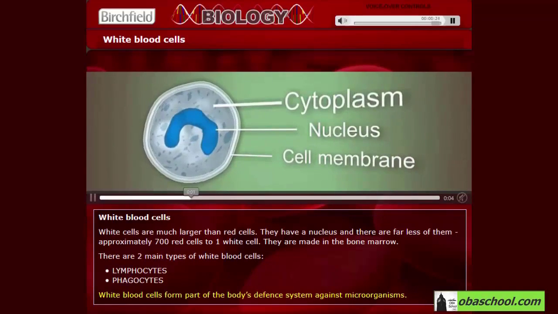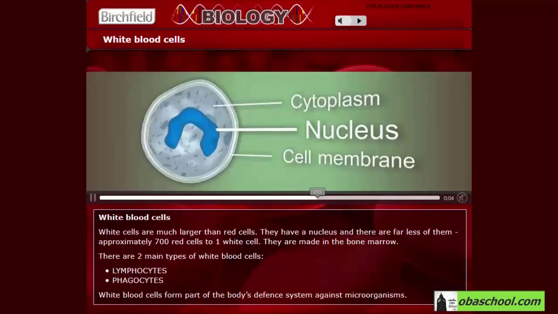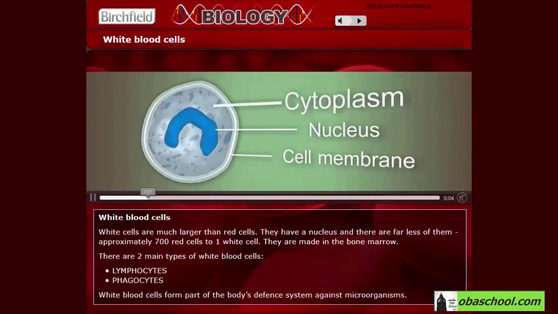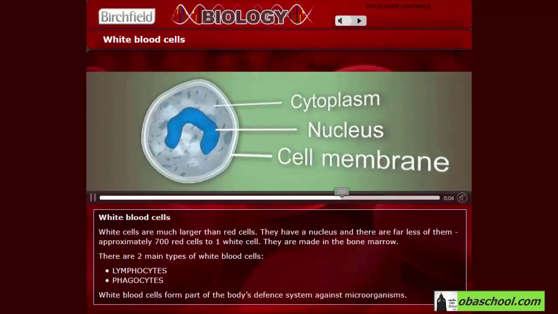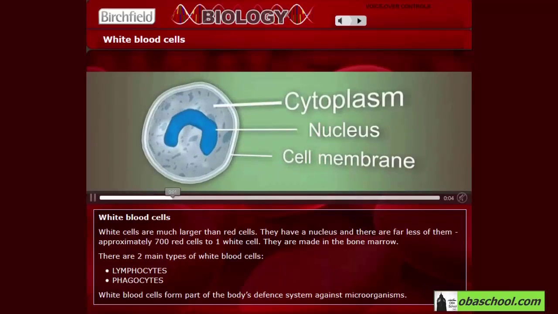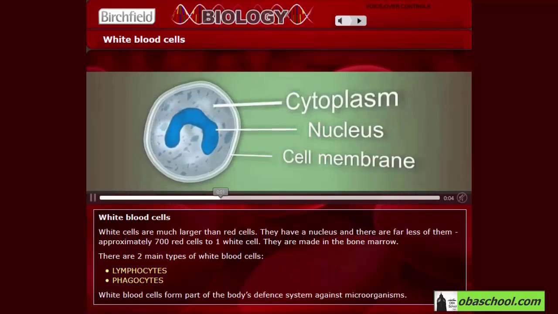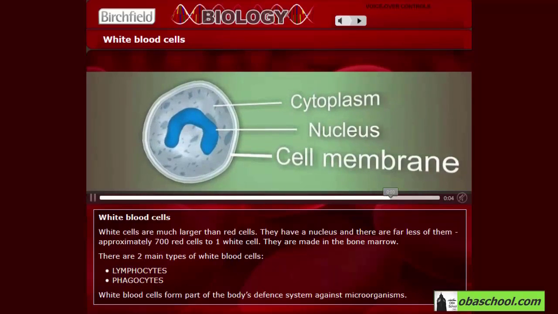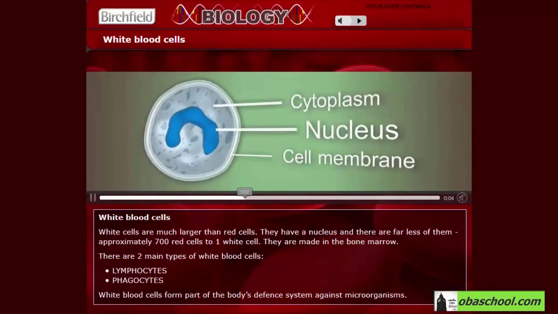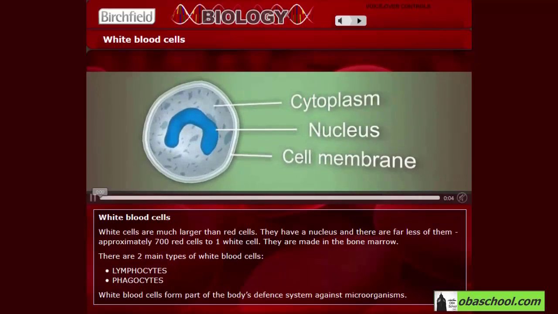White blood cells form part of the body's defense system against microorganisms, which are like viruses and bacteria. And thus we have talked in general about the blood and the constituents of the blood, the red blood cells, the white blood cells, and the platelets.